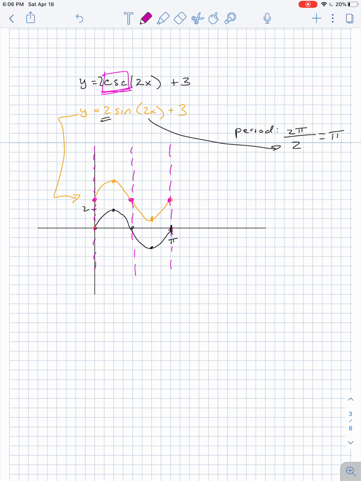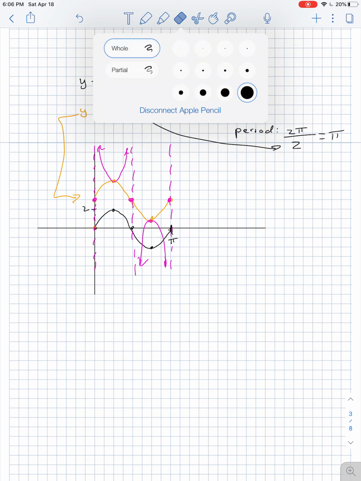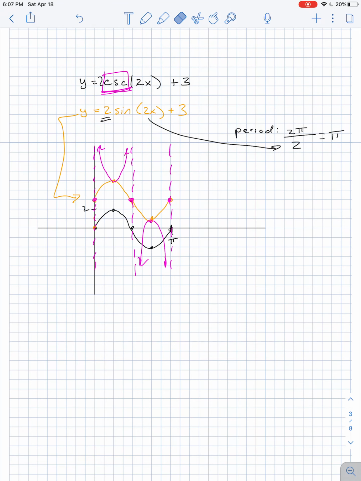Then I'm going to bump my parabolas off the top of the orange graph and off the bottom of the orange graph. Once I do that, I'm going to erase my guide markers, which were my sine graph, because that's not part of the graph. And the pink is what's left.